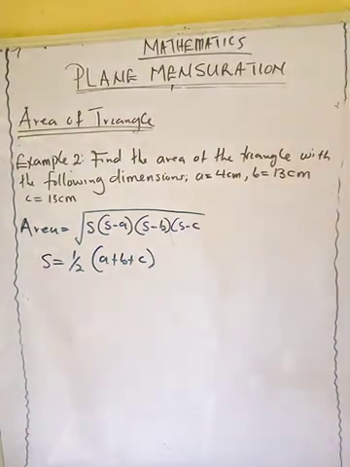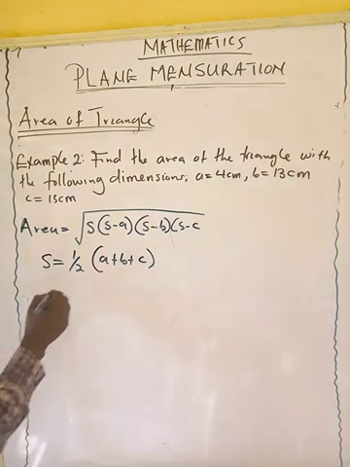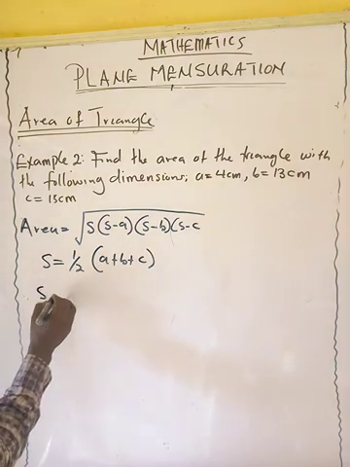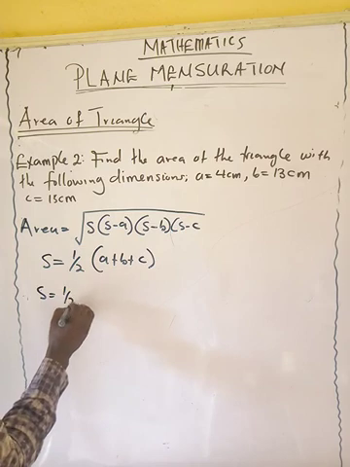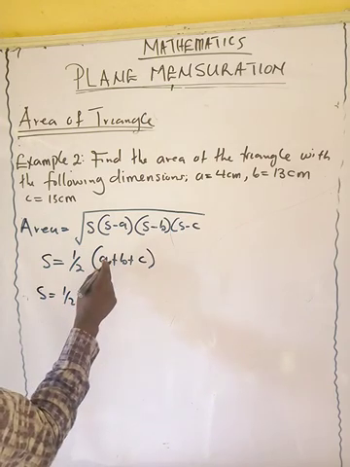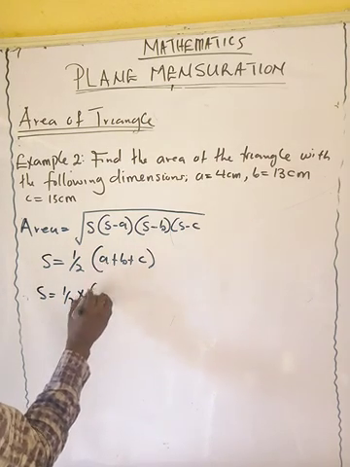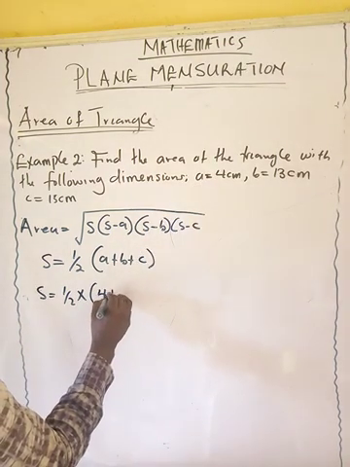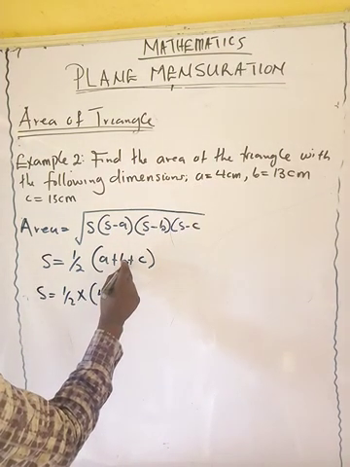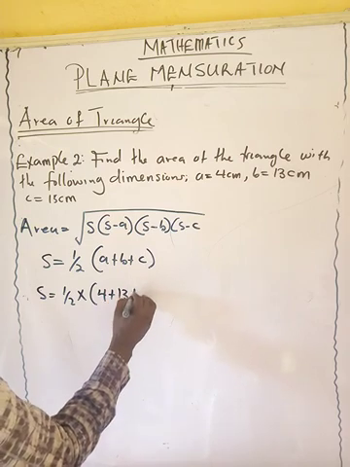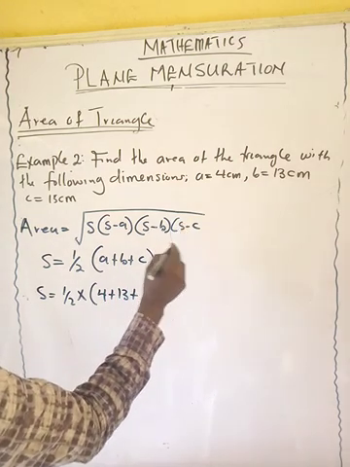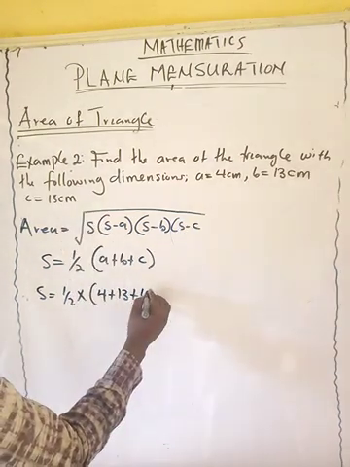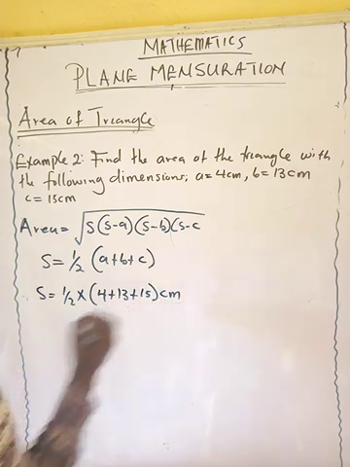So from the question, we need to calculate for our x first. 1 over 2 times, what's our a? Our a is 4 plus our b is 13 plus our c is 15 centimeter.